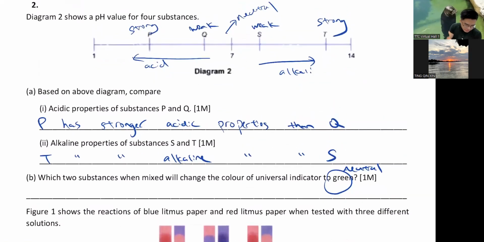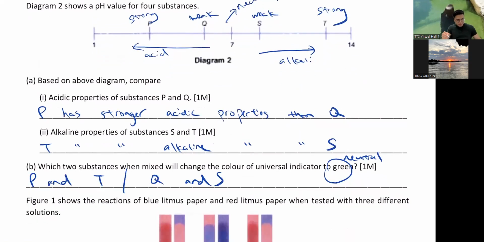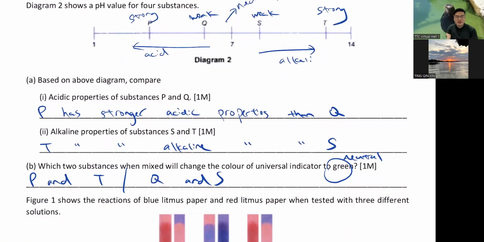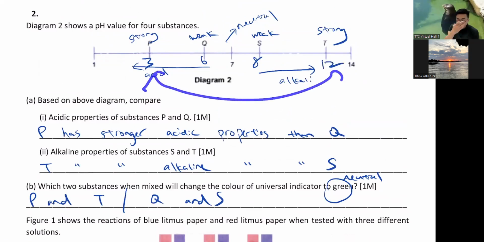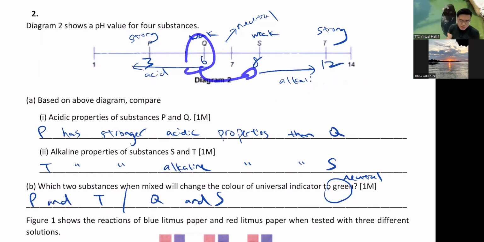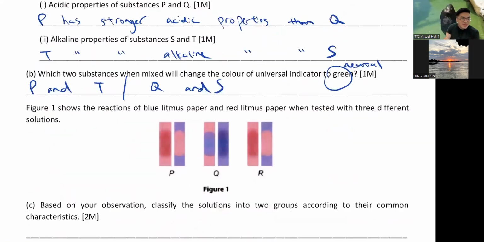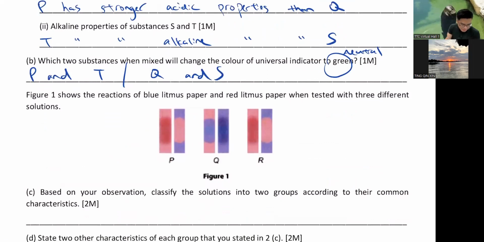So either P and T or Q and S，就是其中一个啦。OK, 你不可以讲强酸你用弱碱，they're not going to do anything. They need to be equal strength. So let's say 你用 pH 6，你就要 neutralize with pH 8；如果你用 pH 3，你就要用 pH 12 to neutralize，这样子嘛。OK, strong character fight strong character, weak character fight weak character 咯。So easy lah. Next.